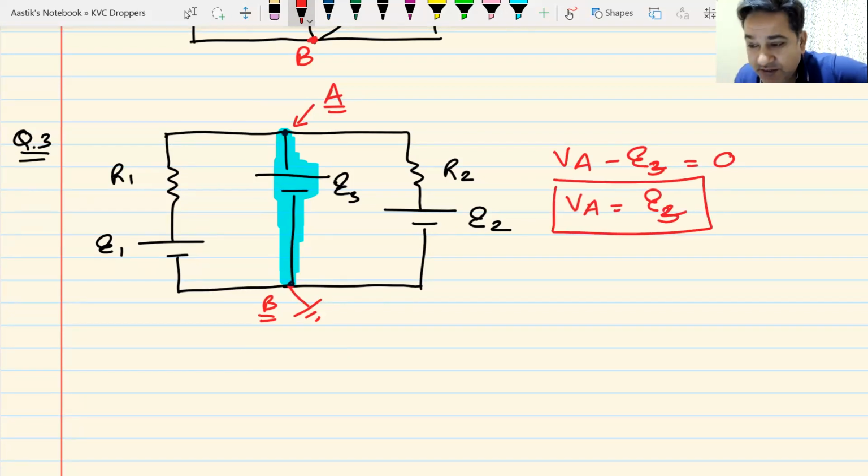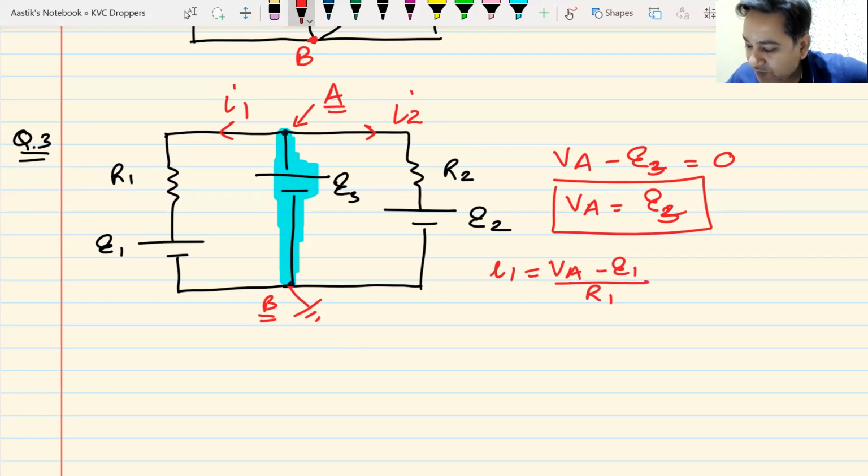My potential of A is already known. It is E3. If this is E3, now I can find out the value of I1 and I can get the value of I2. What is the value of I1? VA minus E1 divided by R1.